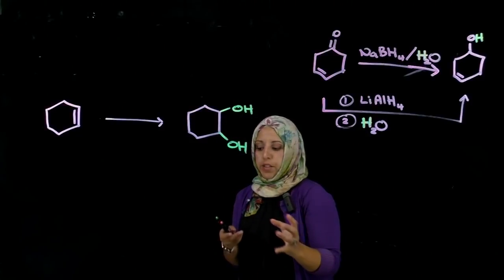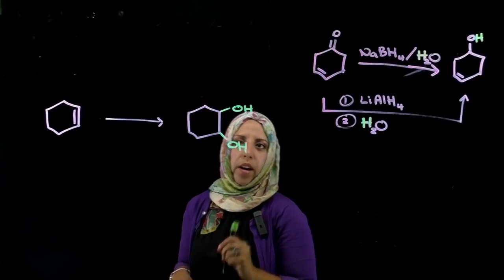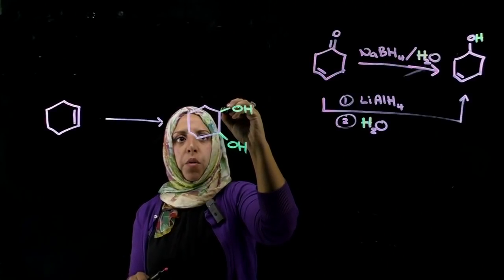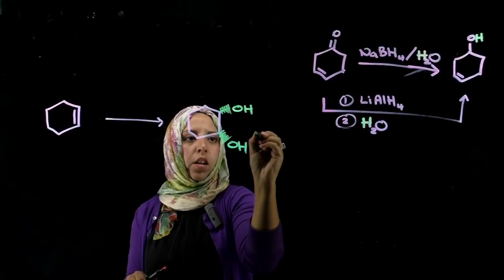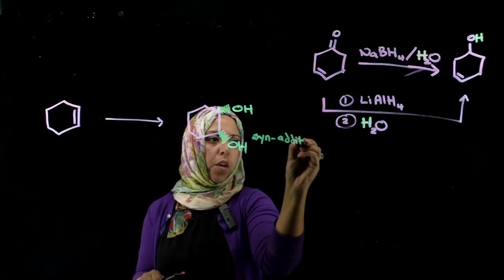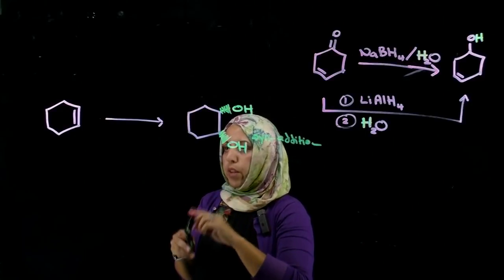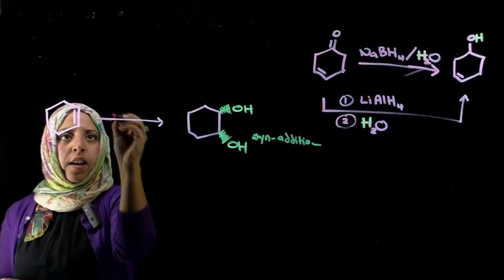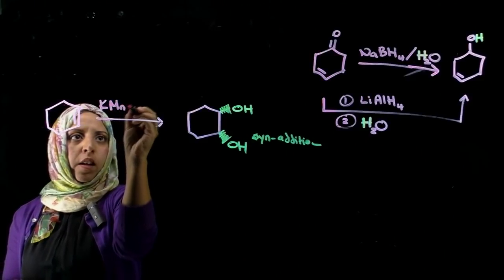Meanwhile, those reactions do have stereospecificity as either an anti-addition or a syn addition. So we'll start with a syn addition, where both hydroxide groups are being added to the same side of that carbon-carbon double bond. One reagent that can achieve that is potassium permanganate.